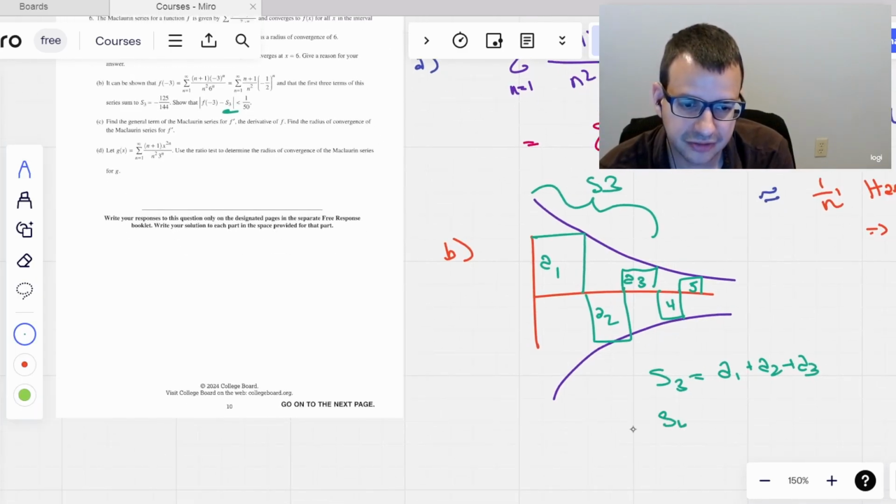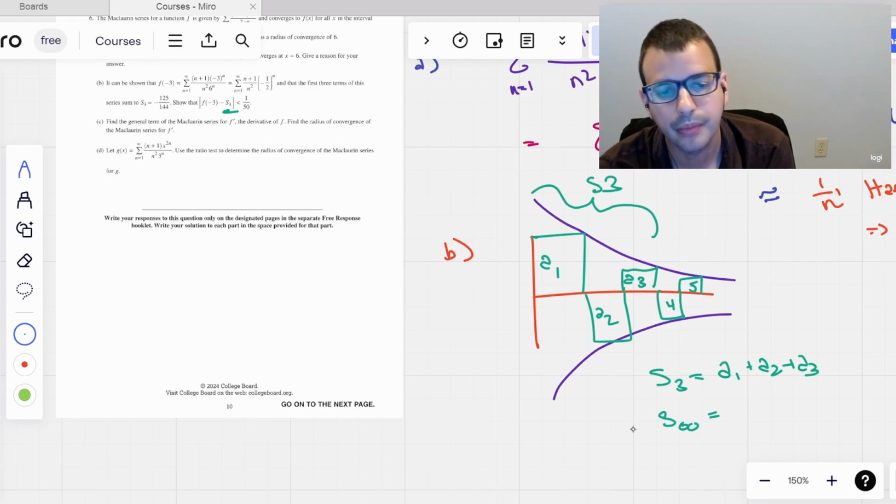So S infinity would equal, for the first three terms, show that first three terms of the series, so that F3 minus S3.